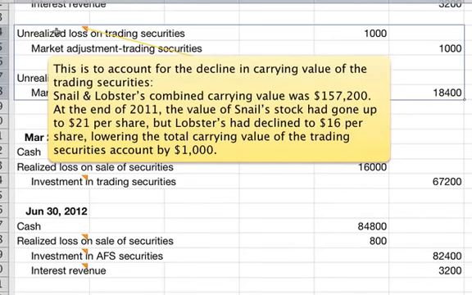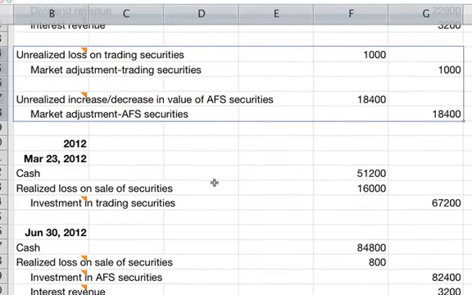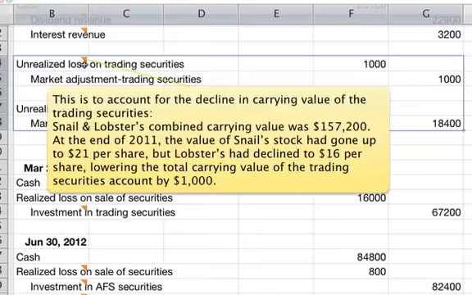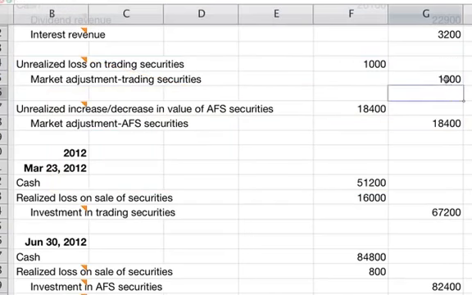But at the end of 2011, the value of Snail's stock had gone up, but Lobster's had declined. So this lowered. If you multiply these out, the total value has gone down by 1,000, and so that's how you get this entry right here.